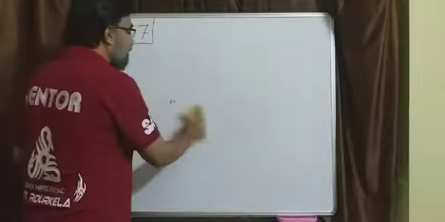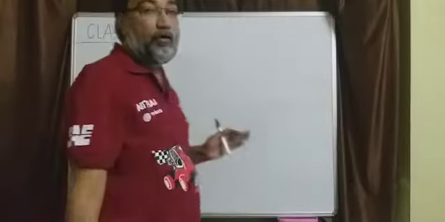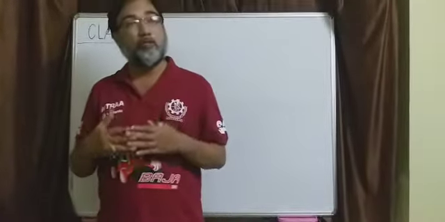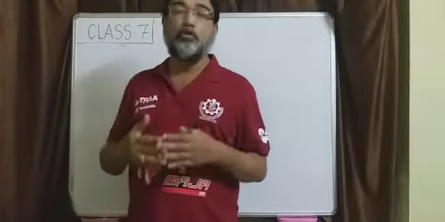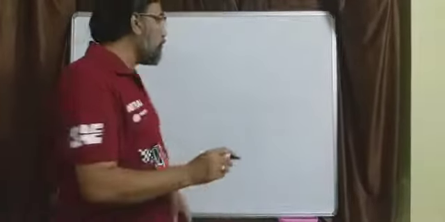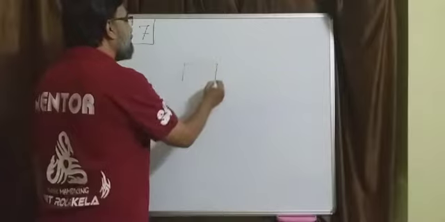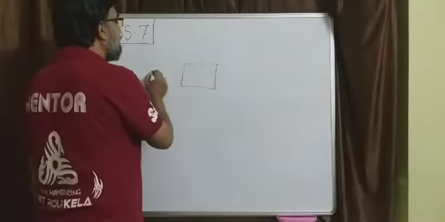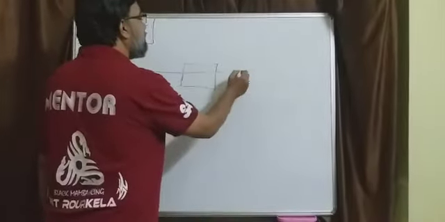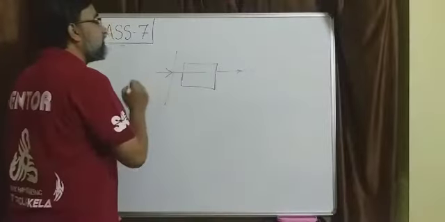Next we are intending to go for the first law of thermodynamics applied to an open system. Now what is an open system? There is a space and there is a flow taking place. Okay.